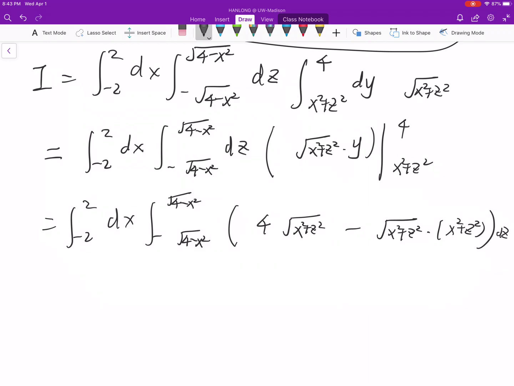Then you see we have a little bit of trouble here, because first you don't know how to integrate square root of something plus z squared. You do have a formula, but it's complicated. And then the other thing is the upper limit and lower limit are square root functions, so it's also complicated.